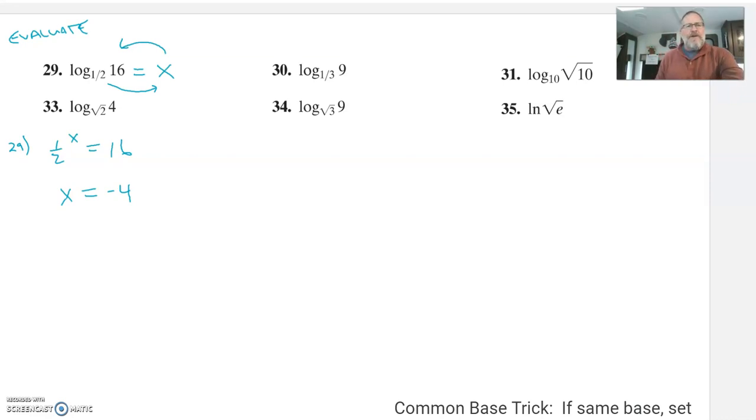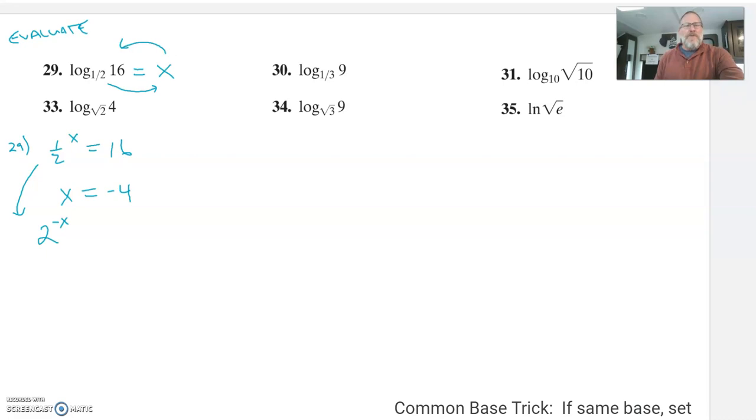I could use something called a common base trick. If I take the knowledge that I had there, figuring out the -4, and just apply it to each side of the equation. For instance, 1/2 to the x is a 2 to the -x, right?